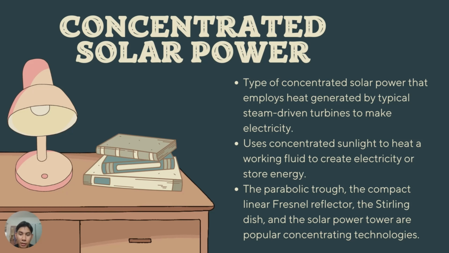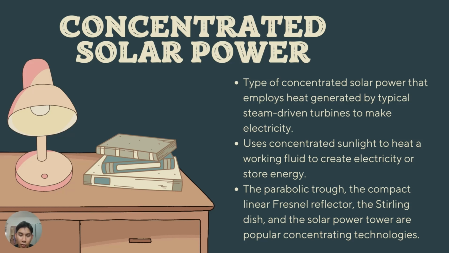Solar thermal power (CSP) is a type of concentrated solar power that employs heat generated by typical steam-driven turbines to make electricity. The parabolic trough, the compact linear Fresnel reflector, the Stirling dish, and the solar power tower are popular concentrating technologies.